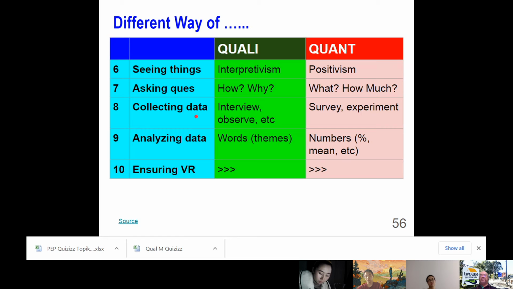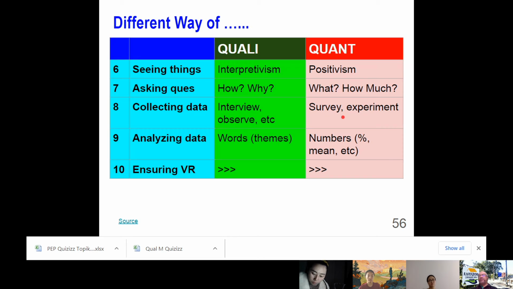Difference number 8 is the way to collect the data. For qualitative, data collection can be done through interview, through observation, and also document analysis. For the quantitative, the data collection method is through survey.